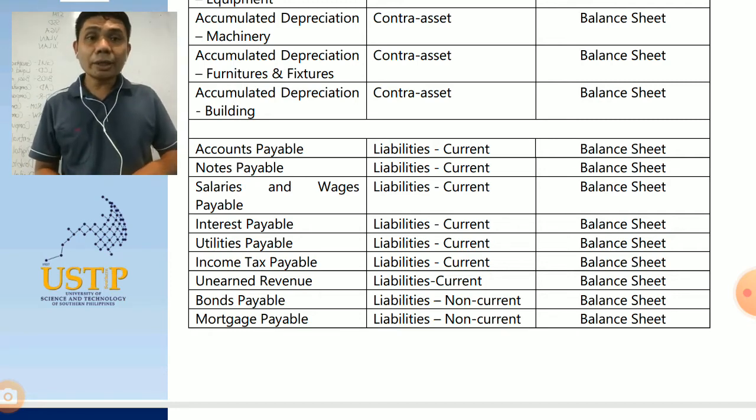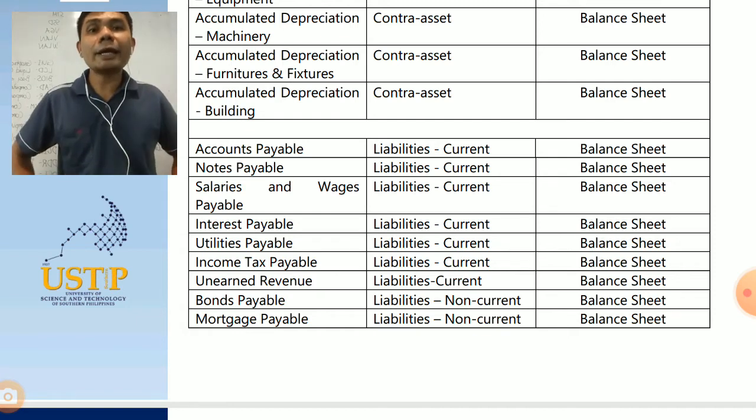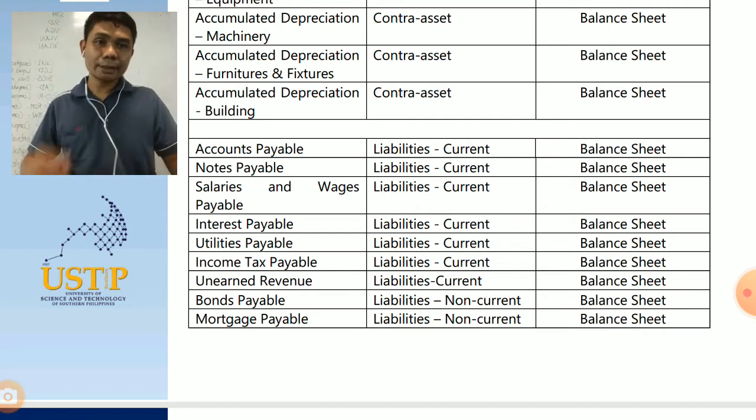So, you recognize salaries and wages payable. Meaning, utang ka sa imong mga empleyado. Next is interest payable. Nangutang kag kwarta, then naay interest, pero wala pa nimo nabayri, that's a payable, interest payable. Aside sa capital, naa pa jud kay payable nga interest. So that's a liability, current liability.